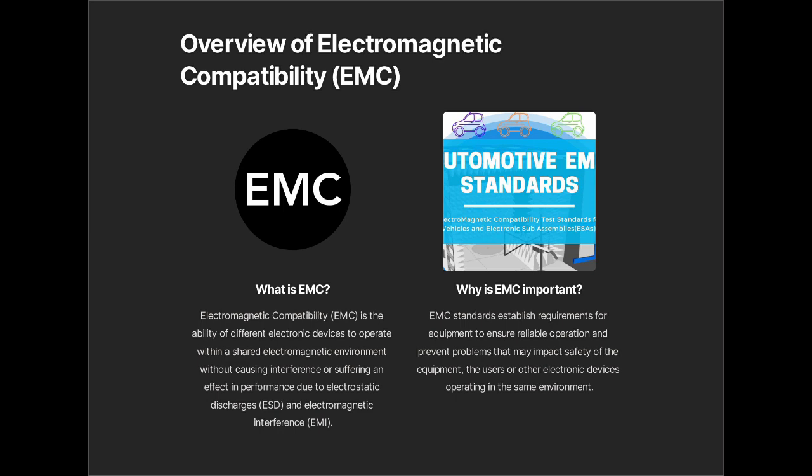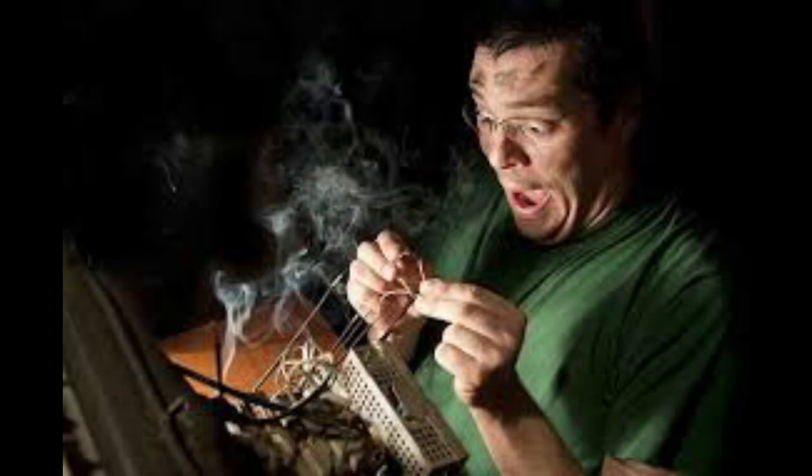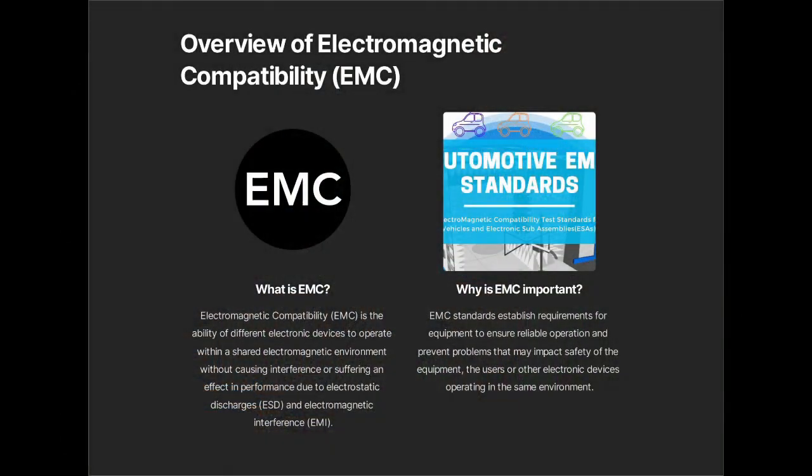It means the ability of different electronic devices to operate within a shared electromagnetic environment. That means your equipment should not malfunction in any noisy area. It should operate within a shared electromagnetic environment. It should not malfunction. Then why is EMC important?